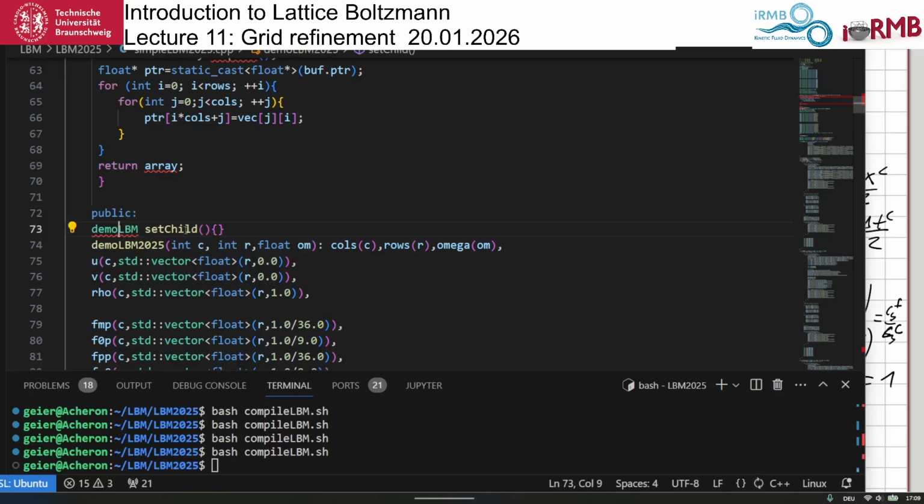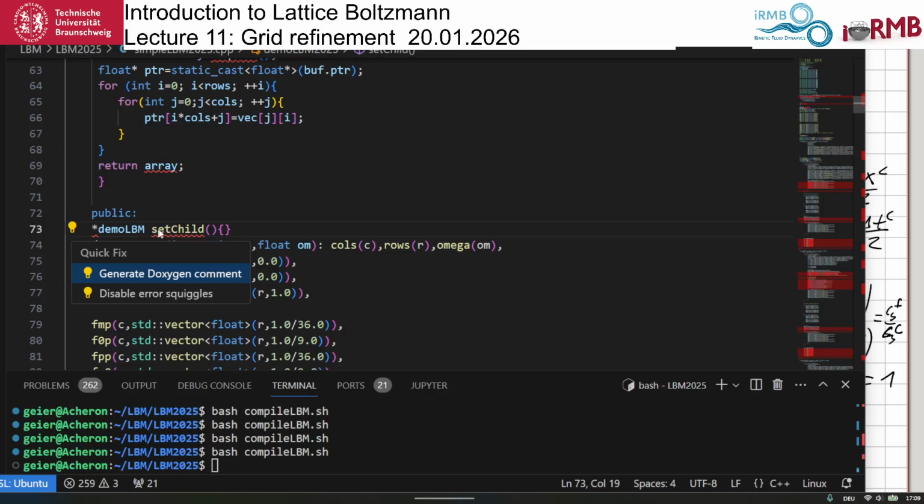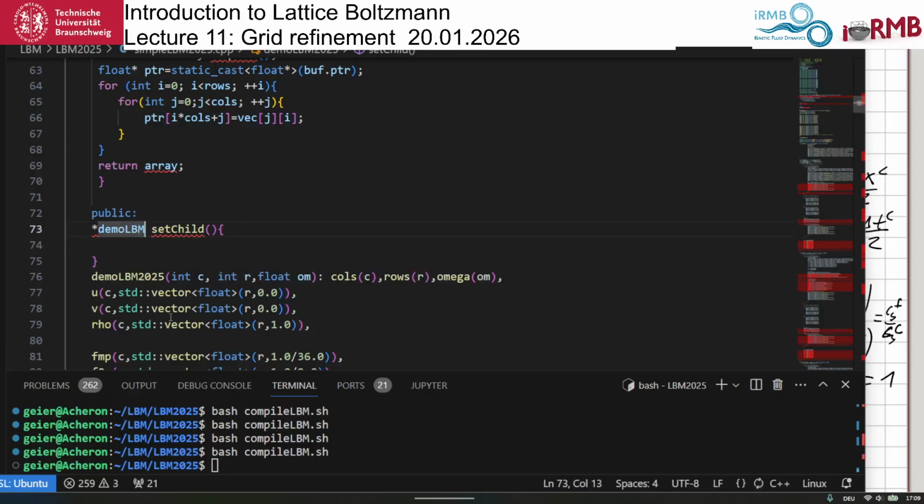Do I have to put the pointer like this? Oh, I'm so stupid. Okay, I think about this later.